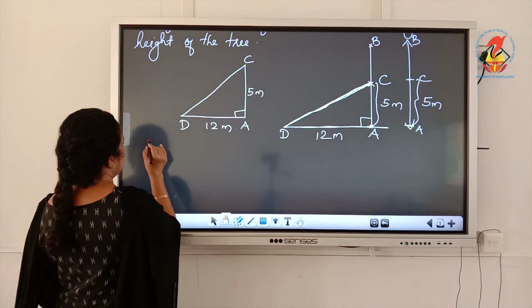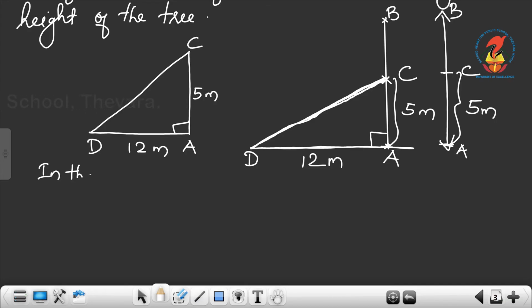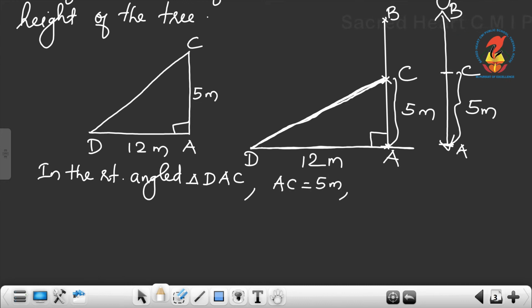So, we can write in the right angled triangle DAC, AC equal to 5 meters, DA equal to 12 meters, and we have to find the length of CD.